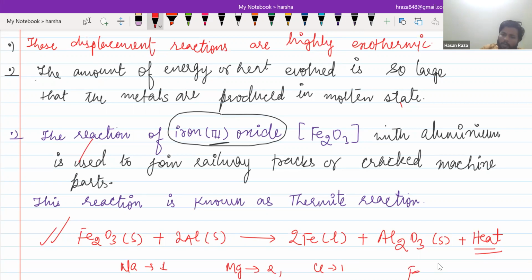valency, like iron can show +2 and +3. Manganese can show +2, +3, that means 2, 3, 4, 5, 6, 7.